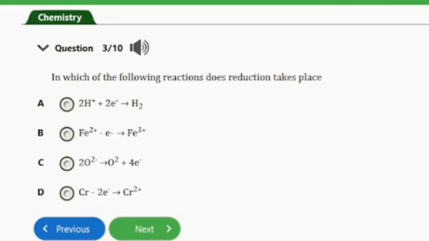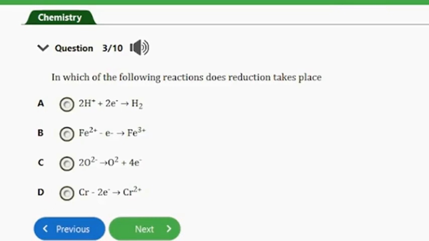Fe ion 2 plus minus an electron to give Fe ion 3 plus. So we also have 2O ion with the negative 2 to yield O2 plus 4 electrons. And then we have Cr minus 2 electrons to give Cr ion with a positive 2.